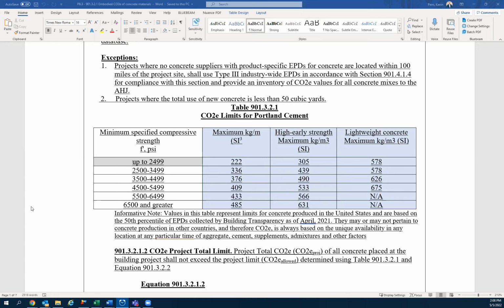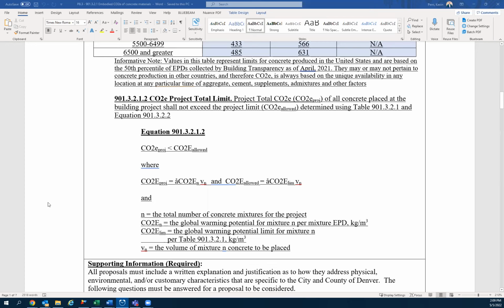Existing state and federal procurement policies like Buy Clean have changed how the industry provides and responds to GHG emissions requirements and materials, specifically concrete and steel. The recent announcement from GSA, General Services Administration, a major purchaser of concrete and steel, said that they will only buy low carbon concrete.